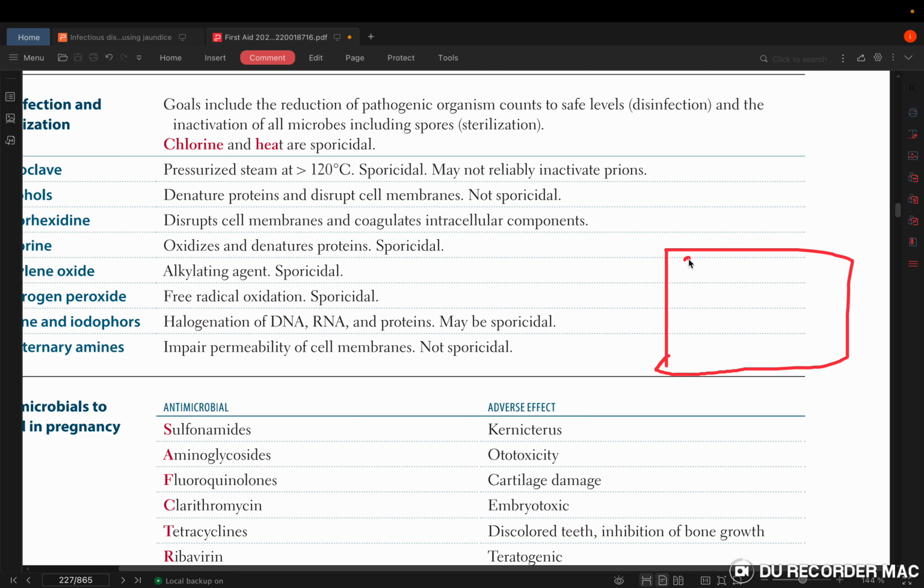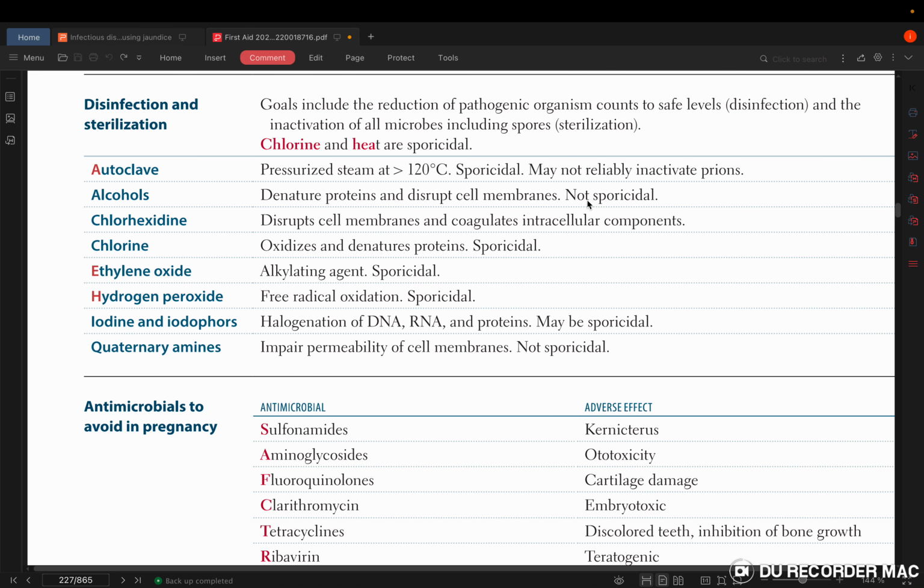If you put alcohol on the cholesterol, what happens to it? Well, it's correct. It will dissolve it, and that's how you kill the bacterial cells.